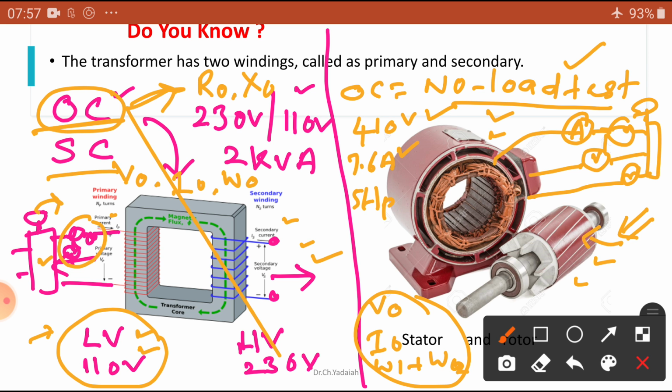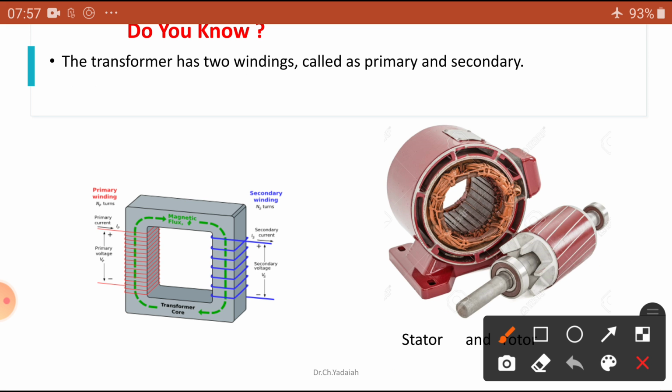Okay. Now, coming to the SC test. How are we going to do the SC test? Here you are going to connect to the HV side, and this is connected to the LV side. Whatever connections are given here, with the help of the same variac, ammeter, voltmeter and wattmeters, similar connections we are going to give here.